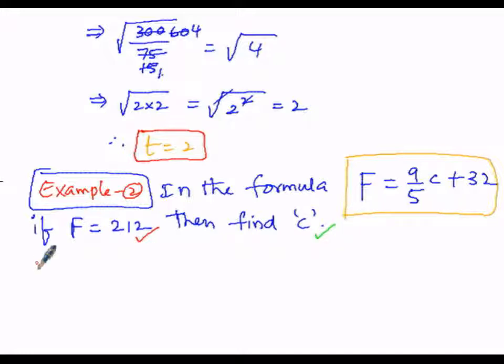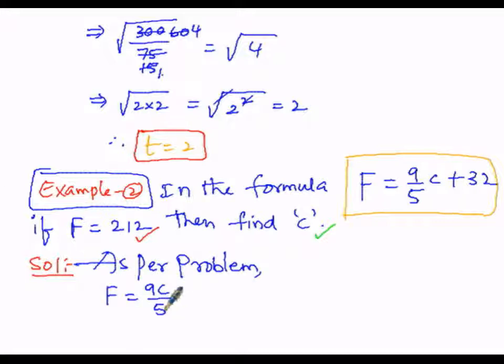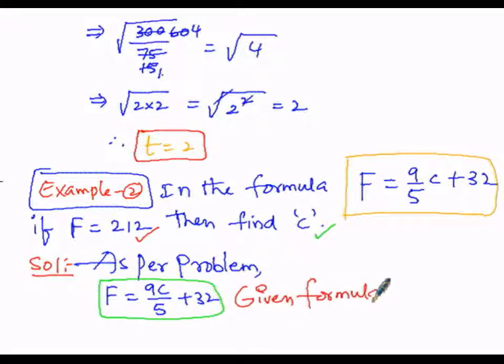Then now the solution starts. As per problem, the given formula is F equals 9C divided by 5 plus 32. But in this given formula, the left hand side quantity is only F, so the subject is F, because F alone is on the left hand side whose coefficient is 1.